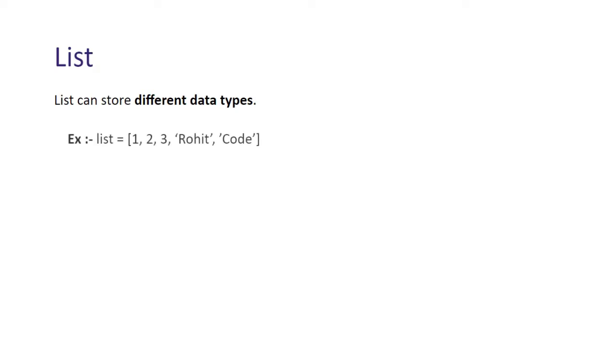For example, list equals to square bracket 1, 2, 3, Rohit, code. Here 1, 2, 3 is numeric data type and Rohit and code is string data type. If you don't know about data types, then watch my previous lecture.